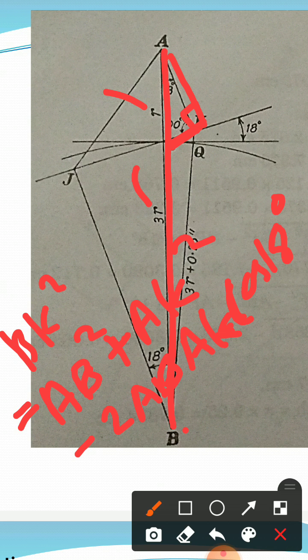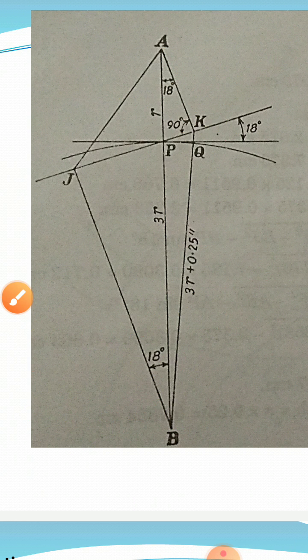With this consideration, this length AK becomes r cos theta, where theta is 18 degrees. So AK now becomes r cos 18 degree. Now put all these values into this equation, and you will find it like this.